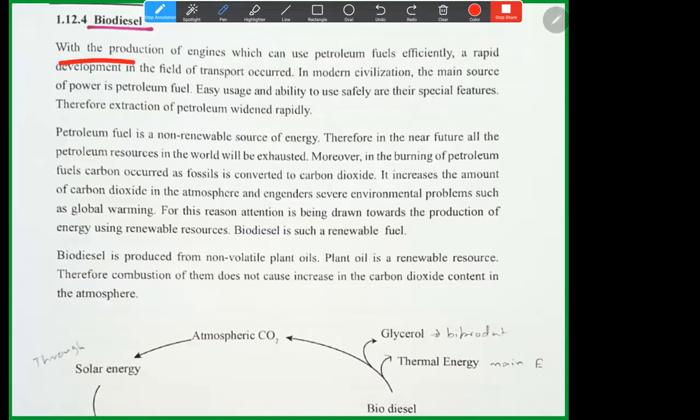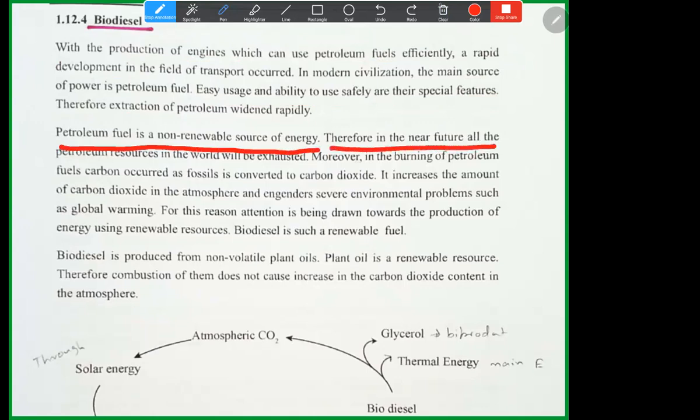With the production of engines which can use petroleum fuel efficiently, a rapid development in the field of transport occurred. Just some normal information. In modern civilization, the main source of power is petroleum fuel. Easy usage and the ability to use it safely are its special features. Therefore, extraction of petroleum widened rapidly. Petroleum fuel is a non-renewable source of energy.